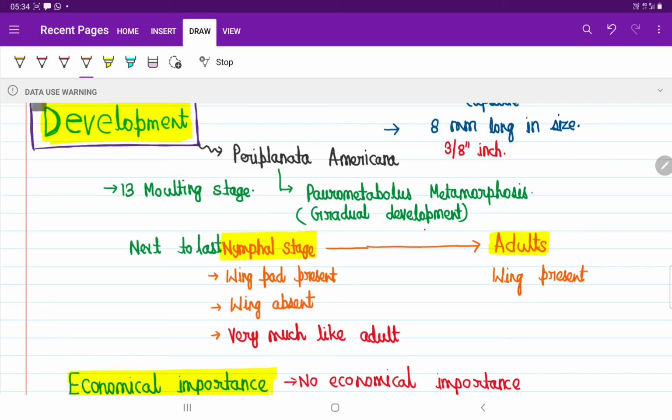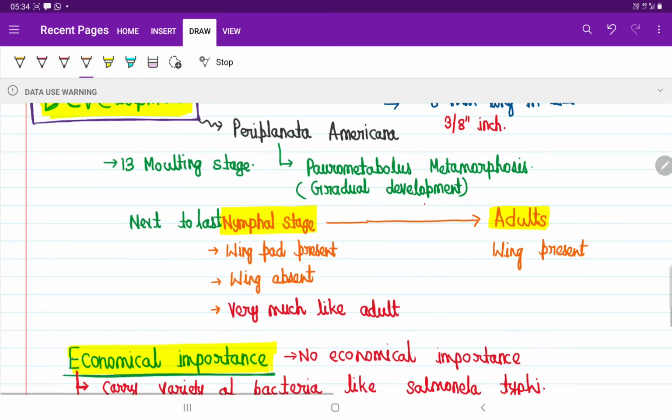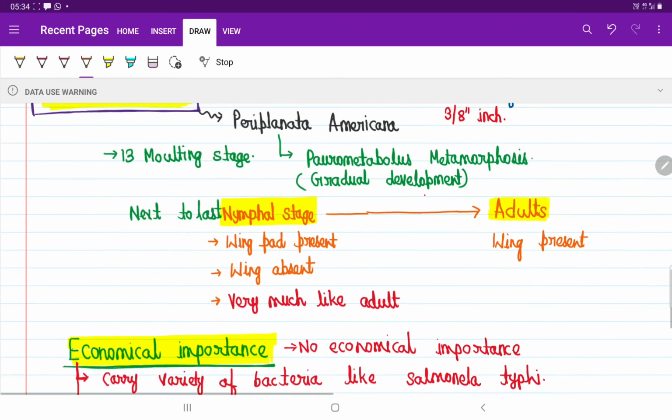If the metamorphosis is gradual, in which they go through 13 molting stages, this kind of metamorphosis is called paurometabolous metamorphosis, right?